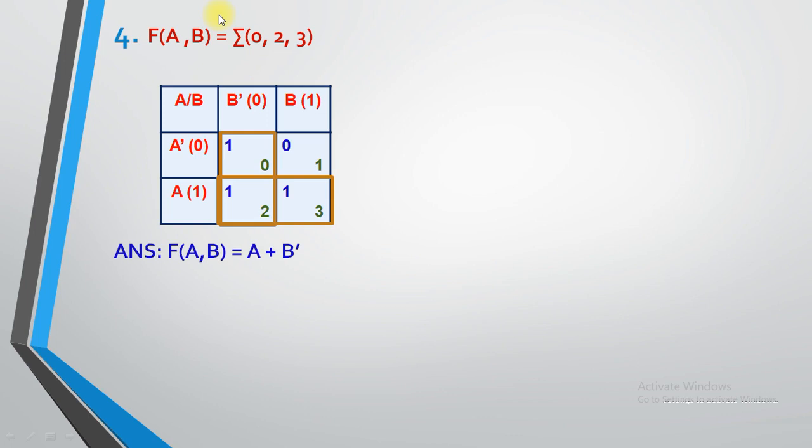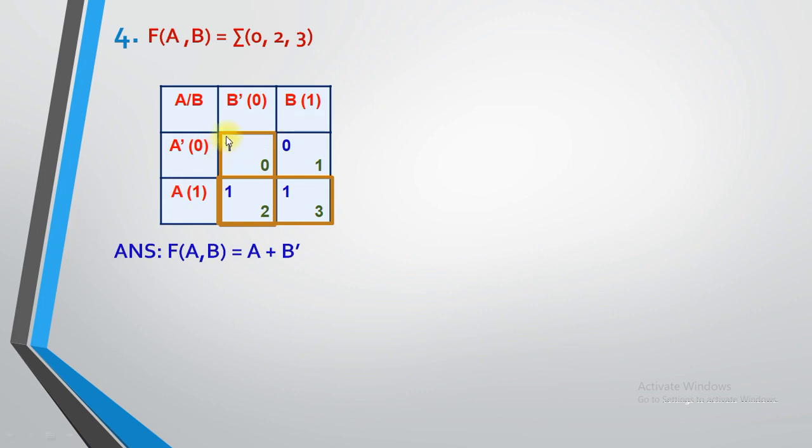In the next equation, 0, 2, 3. So in the boxes 0, 2 and 3, we need to write 1, and in box 1, we need to write 0. Now, it is time to make a pair. Over here again there is one horizontal pair and one vertical pair.